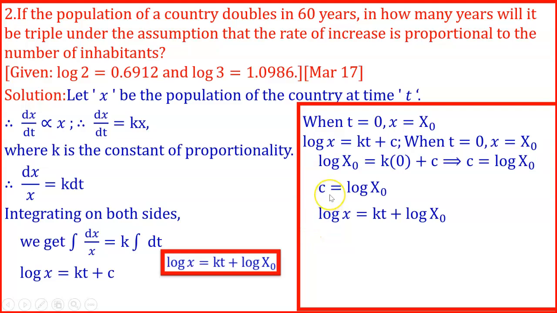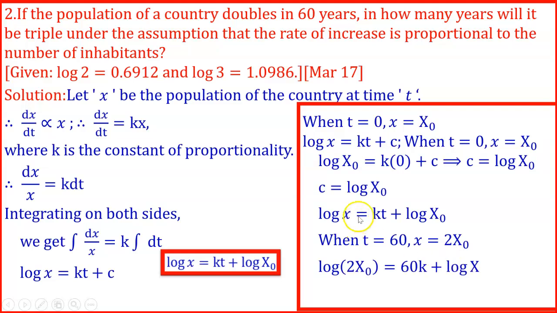Therefore, substitute the value of c in this equation: log x = kt + log x0. When t = 60, the population is double, x = 2x0. Now from here, calculate the value of k. Replace x by 2x0 and t by 60, with log x0 as it is.